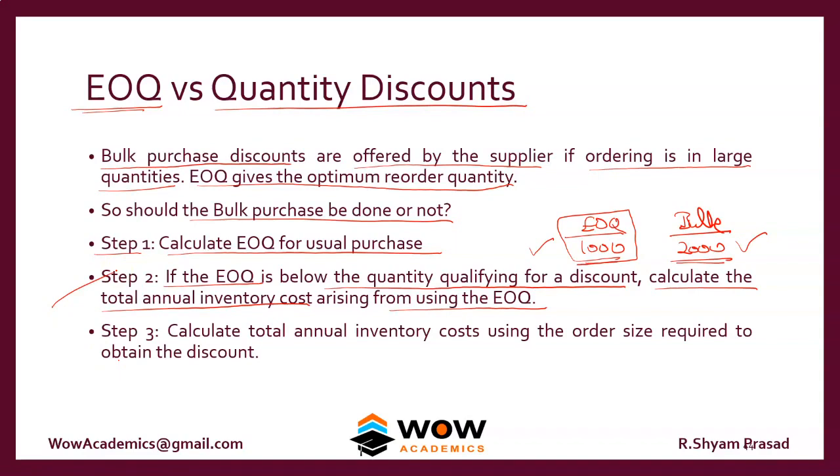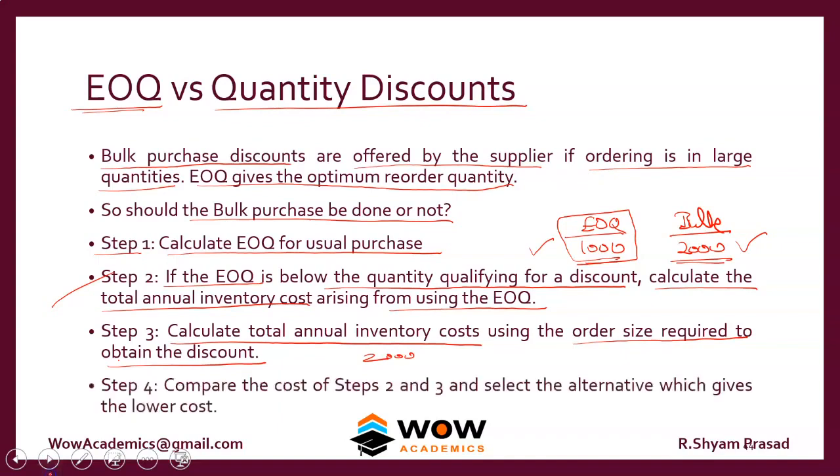Let's look at the third step. Calculate the total annual inventory cost using the order size required to obtain the discount. This is the 2000 units in our example. Step 4, compare the cost of steps 2 and 3. Select the alternative which gives the lowest cost. So first you calculate the EOQ, then you apply this logic.